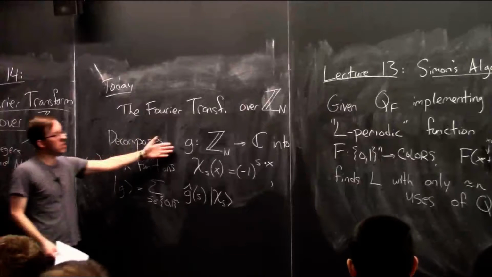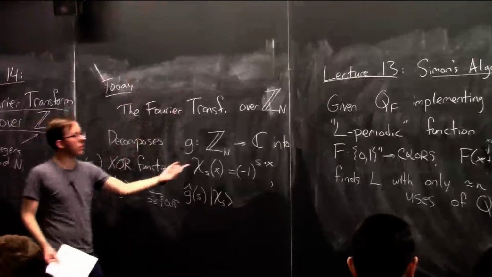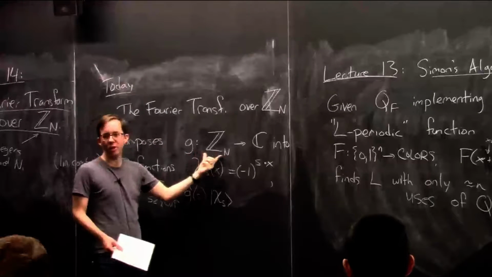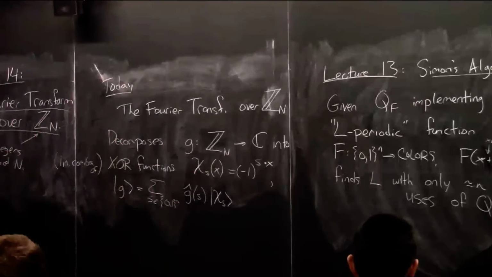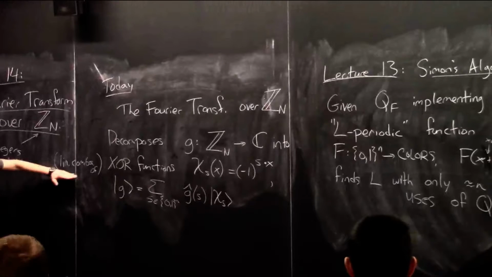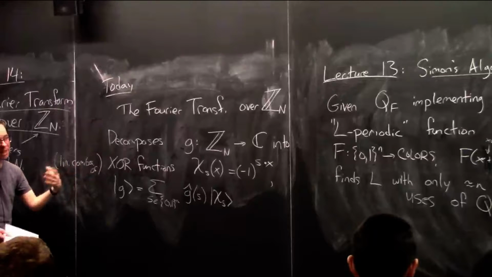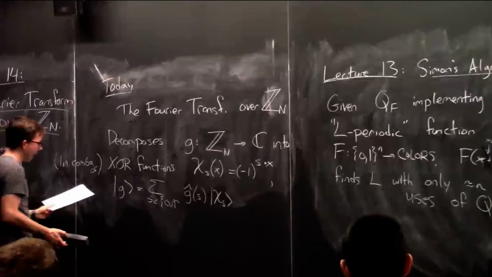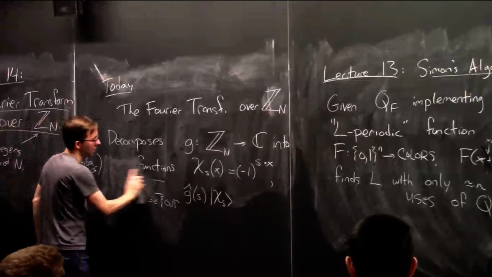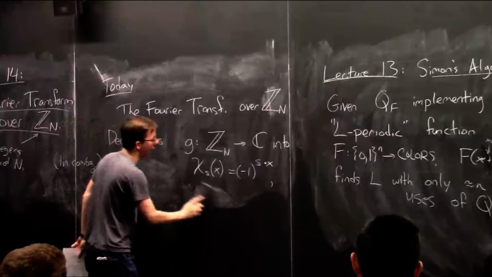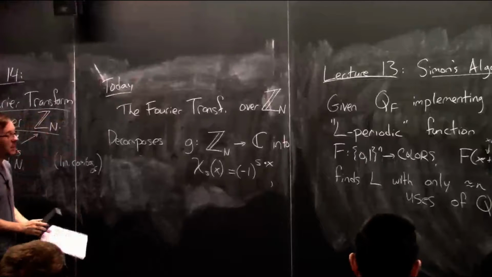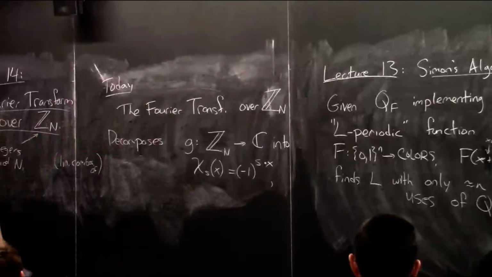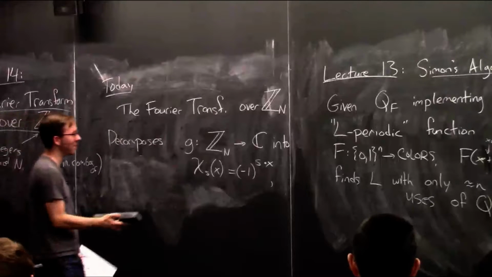Or you can think of g as just a vector of complex numbers of length capital N, but we think of the coordinates of the vectors being indexed by integers between 0 and N minus 1, rather than by Boolean strings. We decompose into linear combinations of some new kind of pattern functions, not Boolean functions. I'm going to abuse notation and also call them chi. It's maybe a little bit confusing. I'll make it slightly better by writing capital S and capital X here, but since in my font those look the same, it's basically going to be impossible to tell.